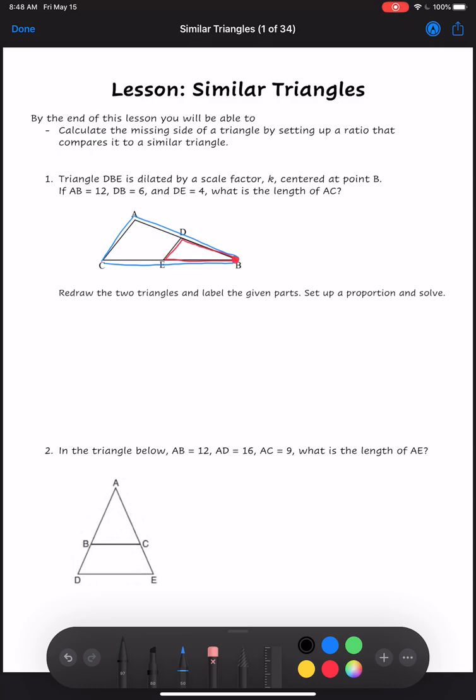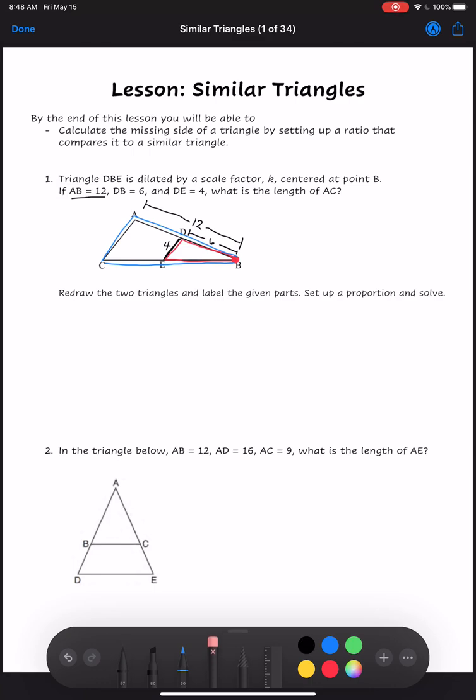So it says that AB is equal to 12, so that's this whole side. DB is equal to 6, and that's this side here. And DE is equal to 4, and that's this segment in the middle.